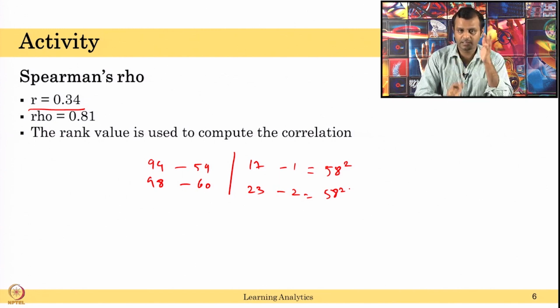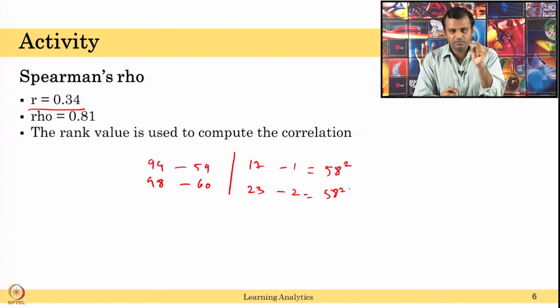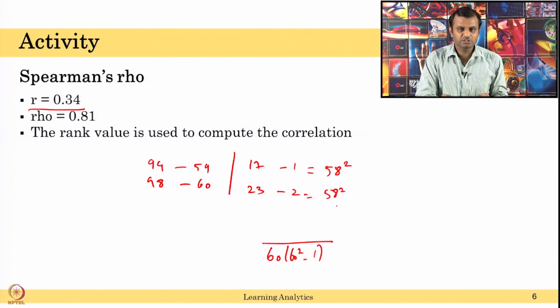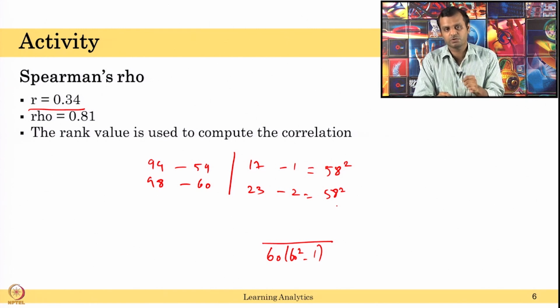I believe all the ranks might be equal except these 2 ranks. So, 1 or 2 values. And if you divide by 60 times 60 squared minus 1, this value will be negligible. So Spearman's rho is not much sensitive to the outliers, unlike the Pearson correlation coefficient.